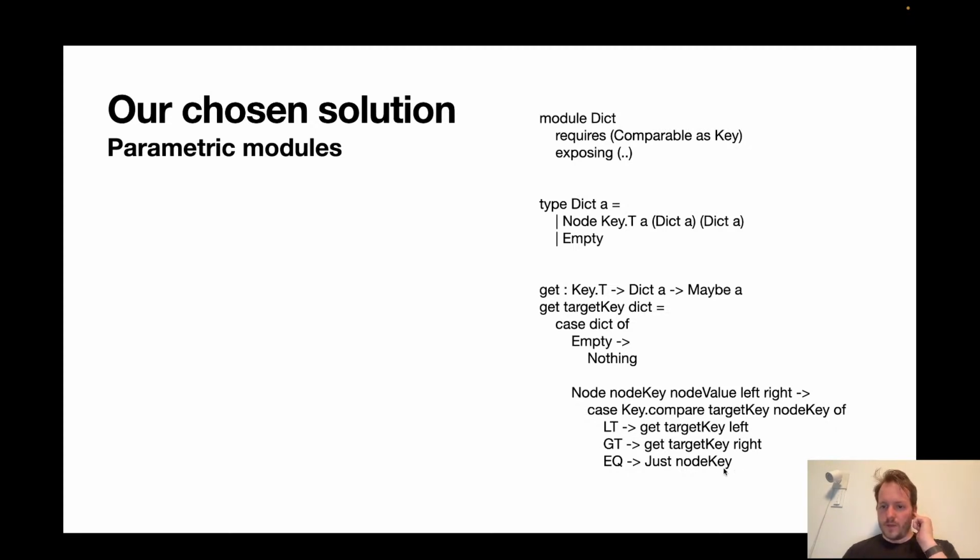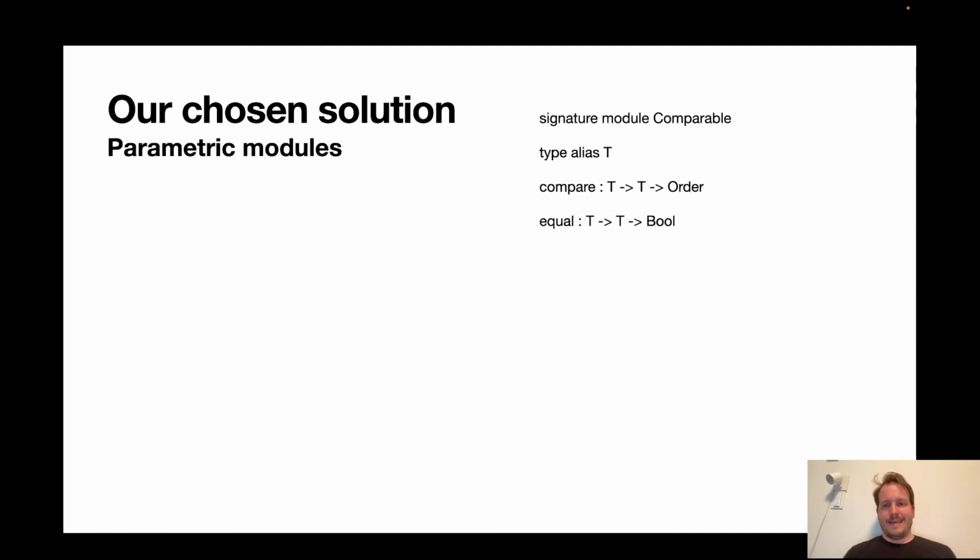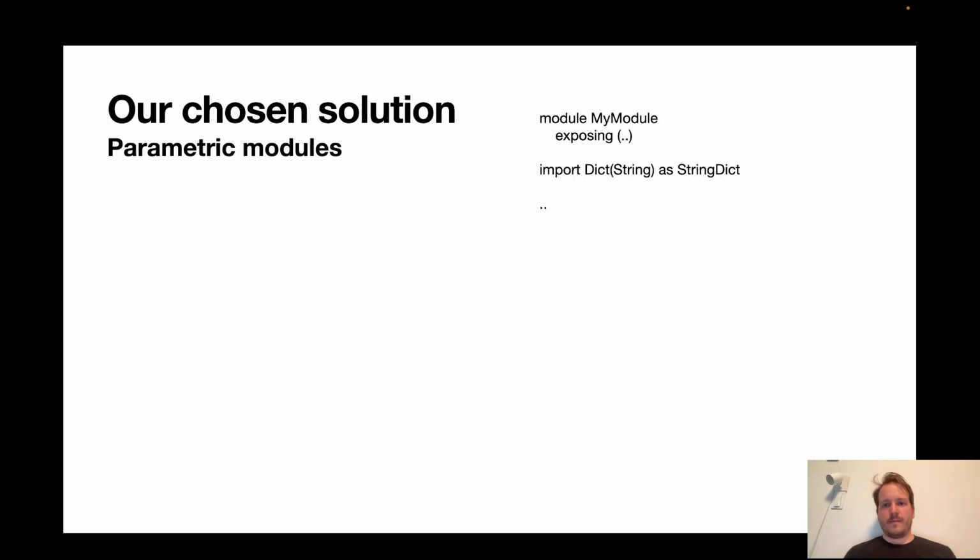This is wrong. It should be node value here. Or you go searching the left subtree or the right subtree, depending on the order of the type. And then at the use site, you would simply import dict as a string dict if you're sending a string. Or you could pass in anything else that meets the requirements of being a comparable module.